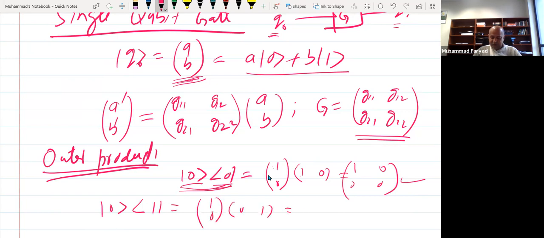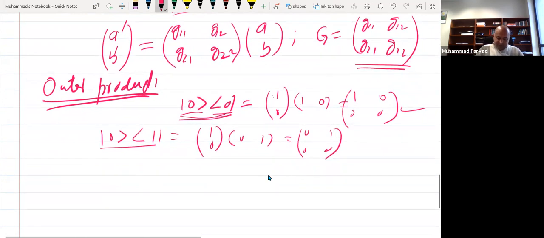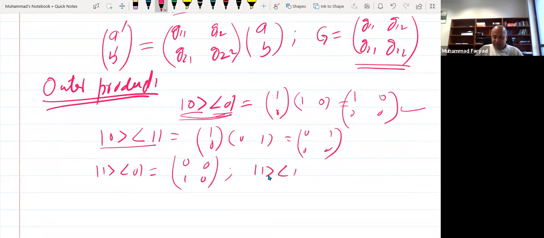So 1 into 0 is 0, 1 into 1 is 1, 0, 0. So if I have a 2 by 2 matrix like this, I can replace it with an outer product like this. Similarly, if I have |1⟩⟨0|, you can check that this is equal to the matrix 0, 1, 0. And |1⟩⟨1| is 0, 0, 0, 1.